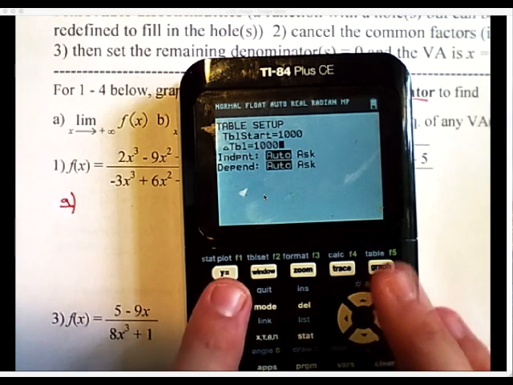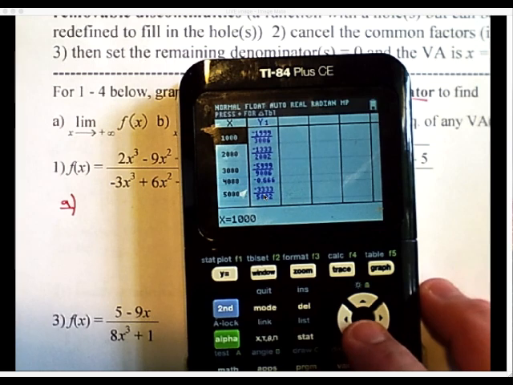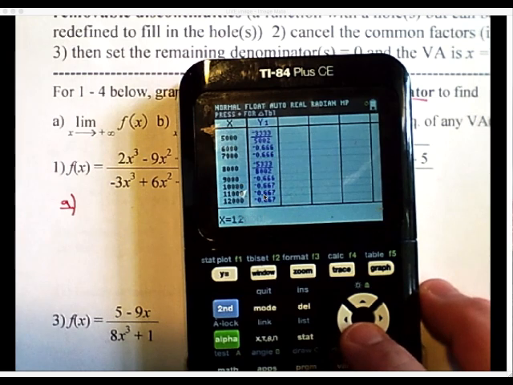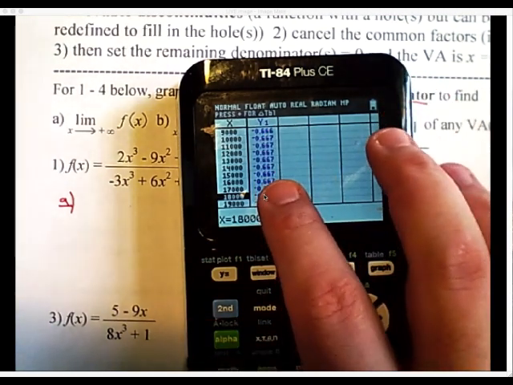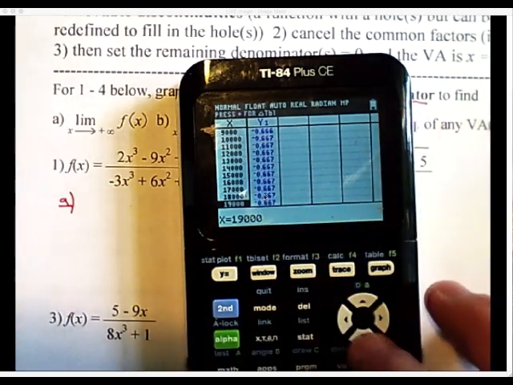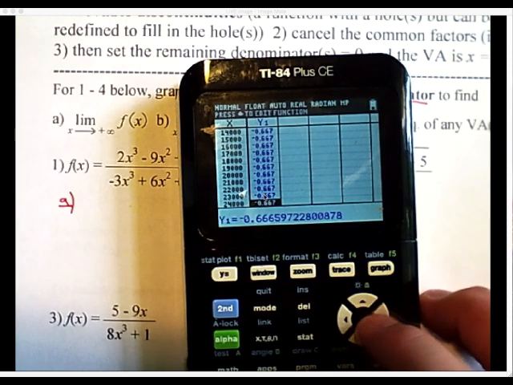Now let's actually look at the table. So I hit second graph. As I go further and further out, I'm getting really big x values. What do you notice about all these y values? It looks like they're all about negative 0.667.